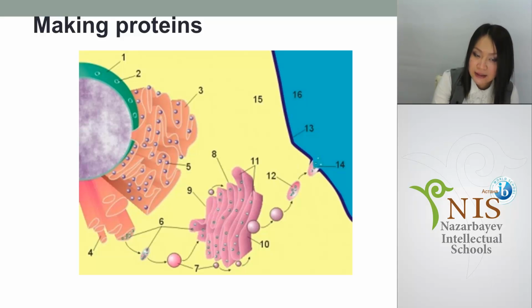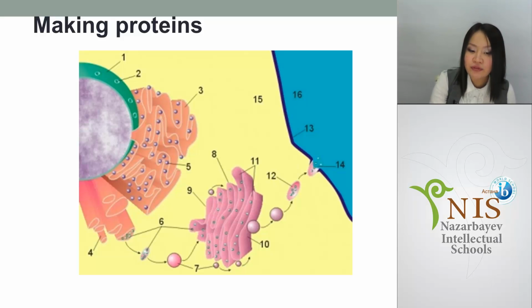If you look at the rough endoplasmic reticulum, which is number 3, and number 5 represents the ribosome on its surface, on this surface this ribosome will synthesize protein.